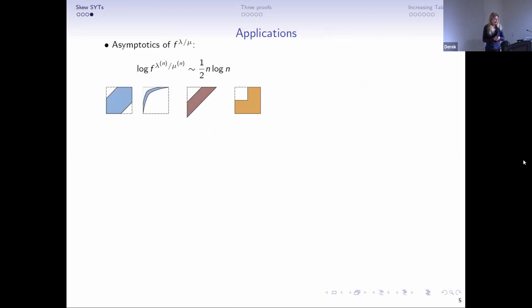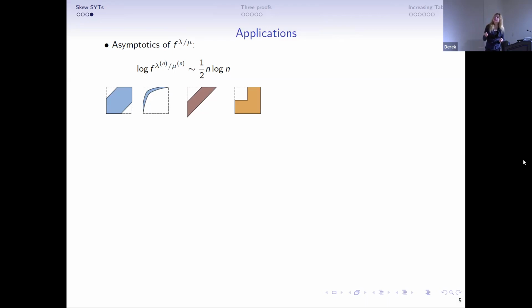But before that, let me tell you a few applications of this result. So why is something like that useful? One thing is we can actually do asymptotics. If we have some limit shapes for lambda and mu, like in these examples, we can see how it grows as a function of n when the shapes are expanding in both directions.